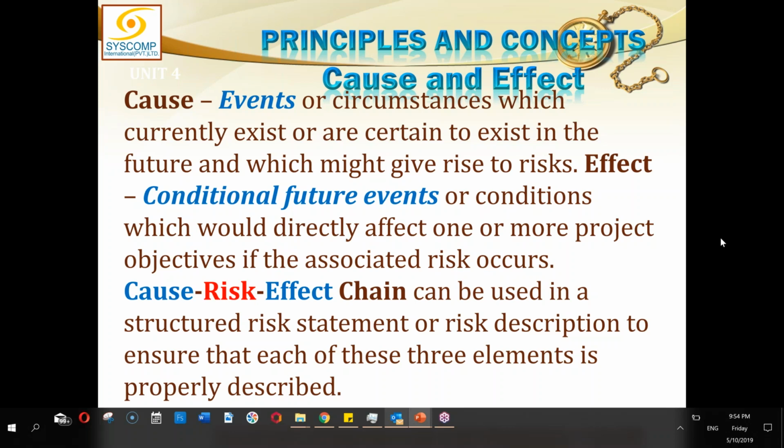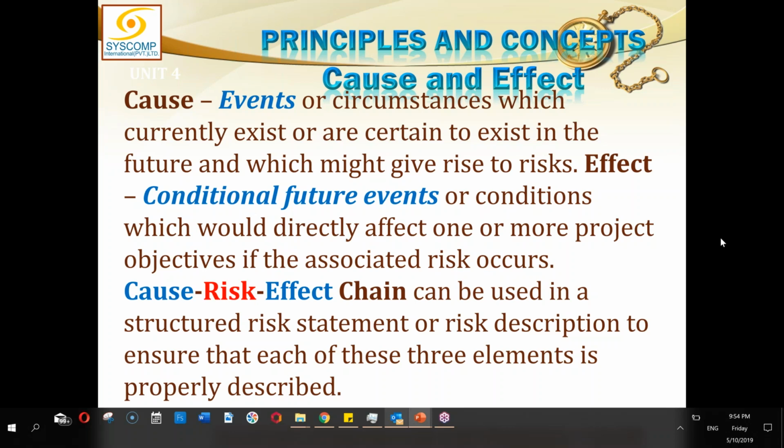Okay, one more lesson here. I agree that the effect can be on scope as well as time as well as cost, but schedule cannot be the risk and cost cannot be the effect, because both of these are going to be impacted.